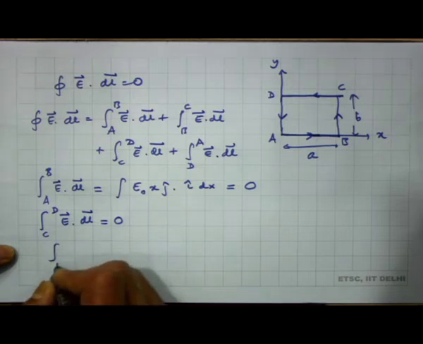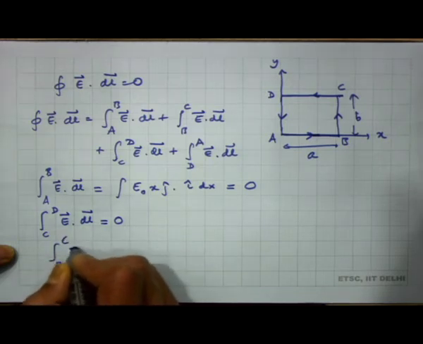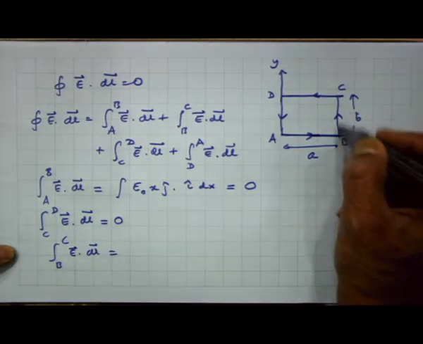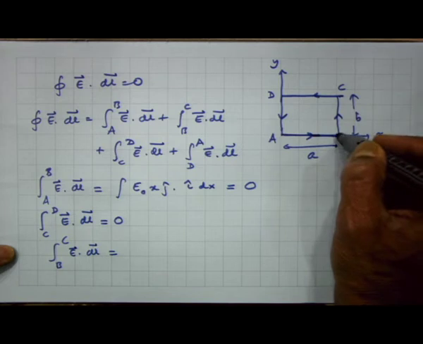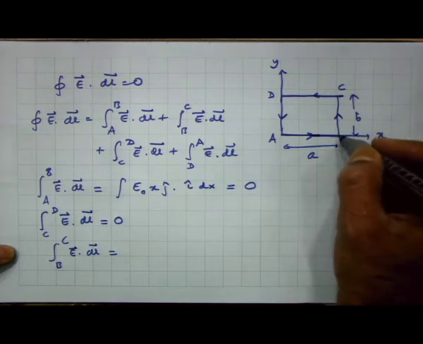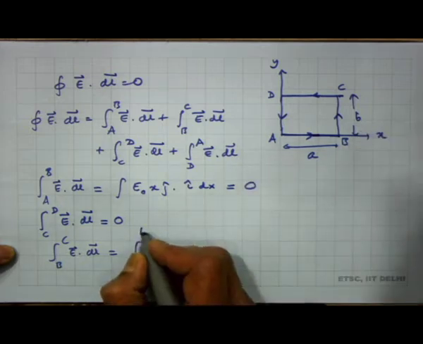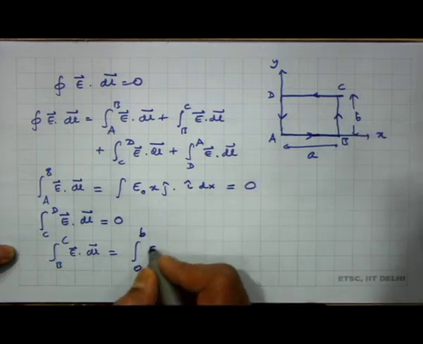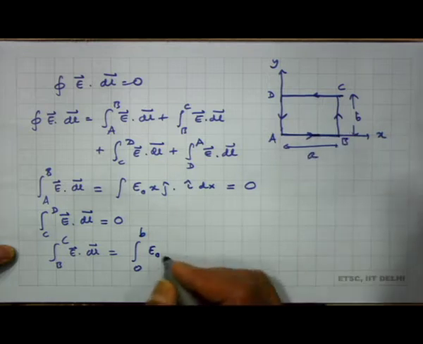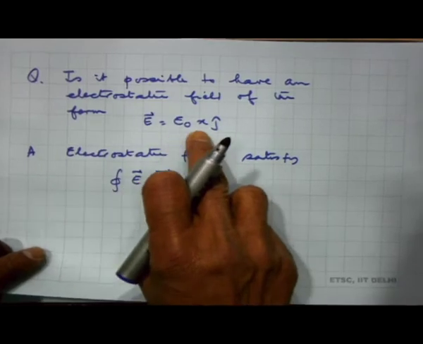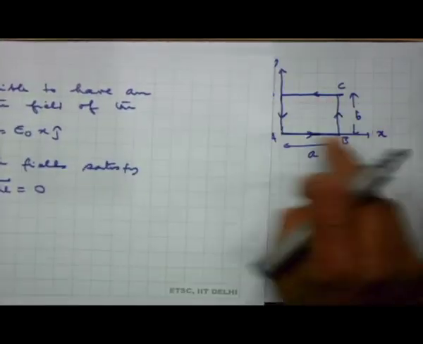Now, what about the remaining two? Integral b to c of E dot dl. Now, b and c are on the same value of x, and the electric field depends only on x, and the value of x on this line is x equal to a. So, b is y equal to 0 and c is y equal to b. The electric field, as you can see here, is E naught x j, and on this line x is equal to a.